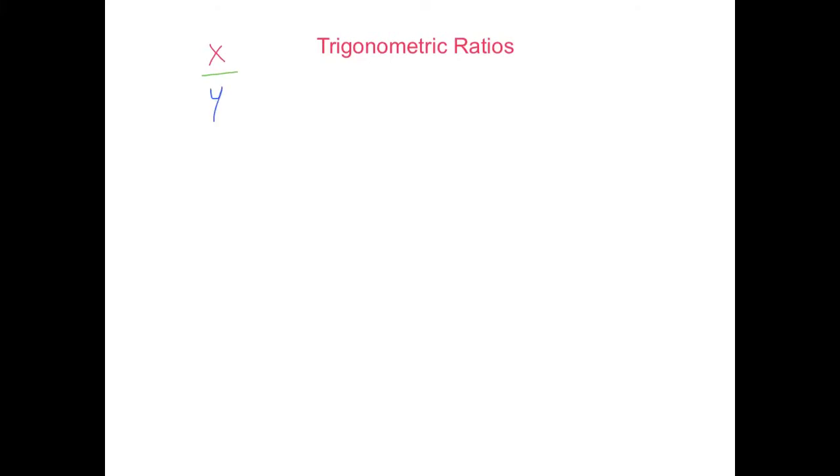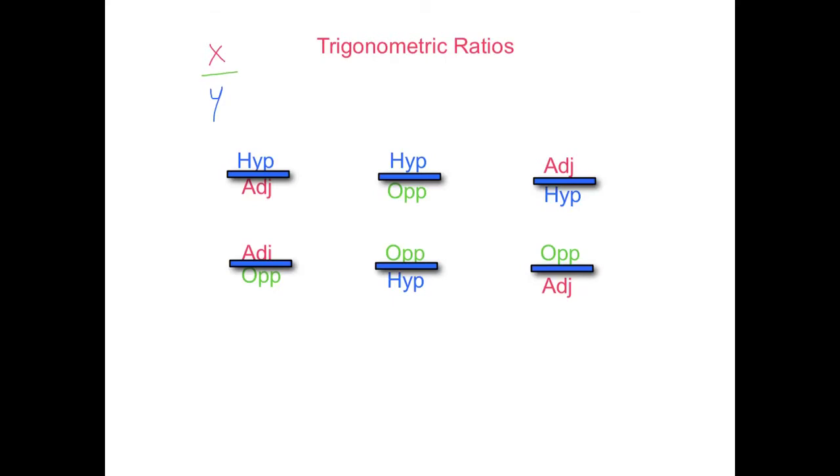So maybe the x will be one of our sides, and the y will be one of our sides. So real quick, I'm going to fill out as many combinations as I can, and I assure you, you're always going to have 6 ratios.